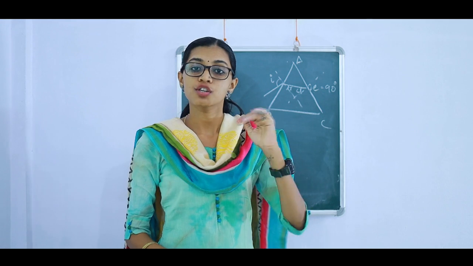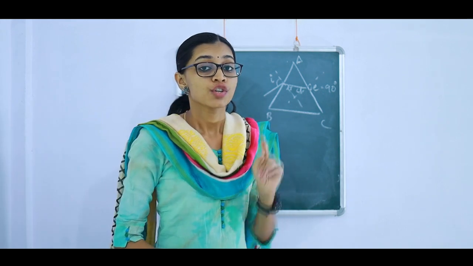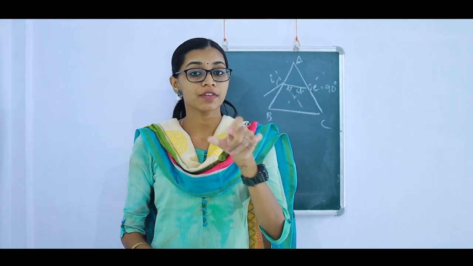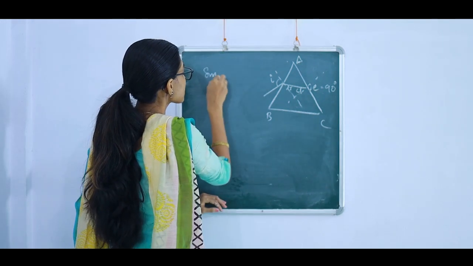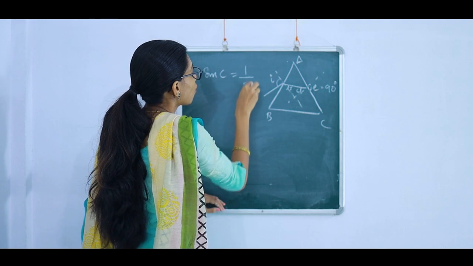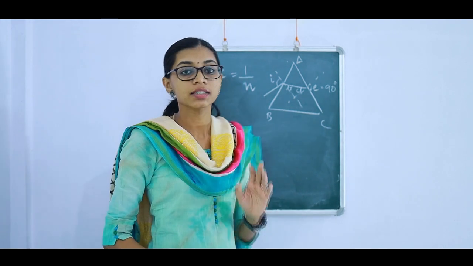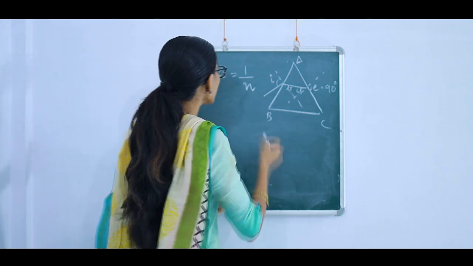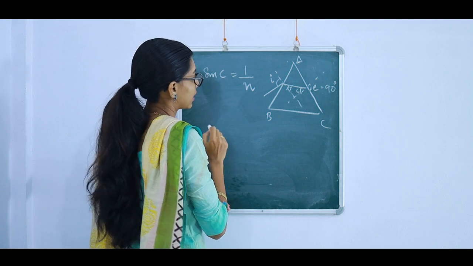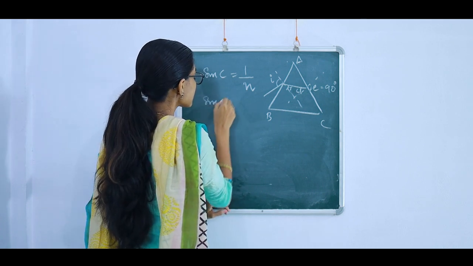So the first step is to find the critical angle. We have the formula that we have obtained for the critical angle, that is sin C is equal to 1 by n. Now from this, what is sin C?